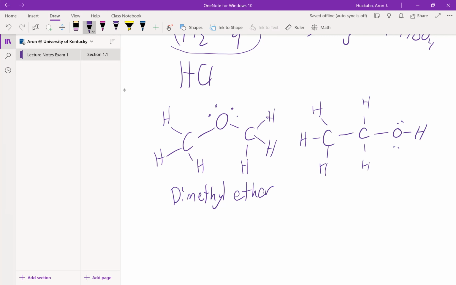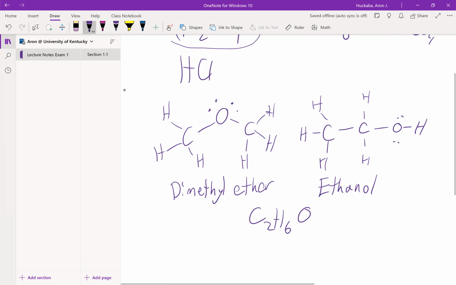They have very different molecular properties, even though they have the exact same molecular formula. So their formula is C2H6O, but for instance, the boiling point of dimethyl ether is less than 0.